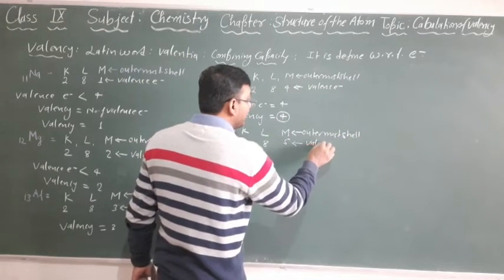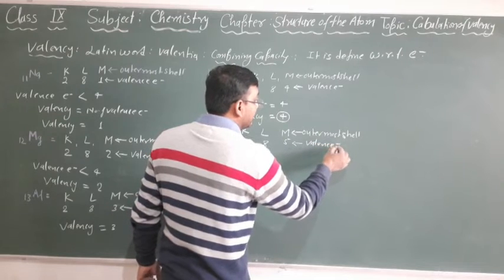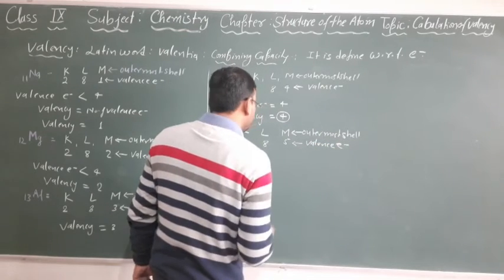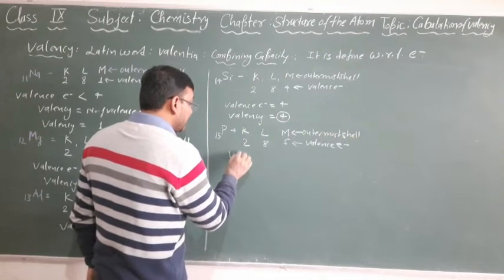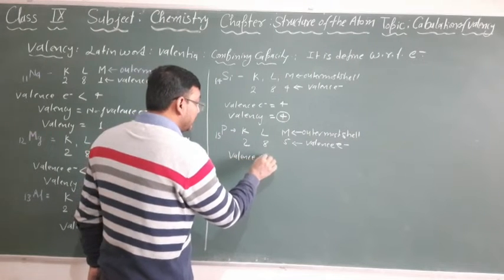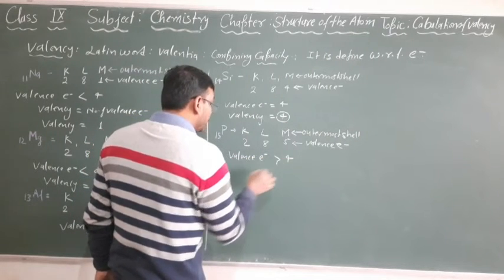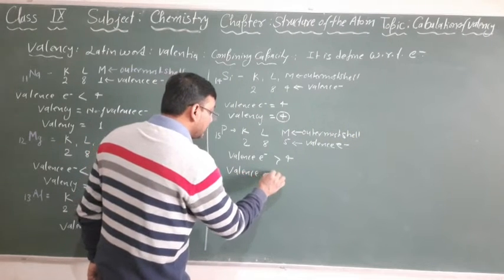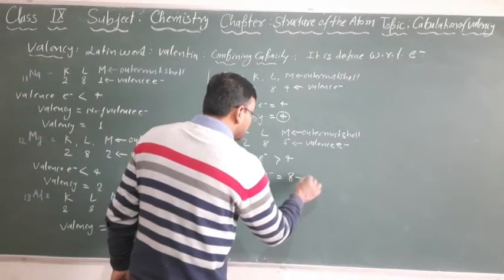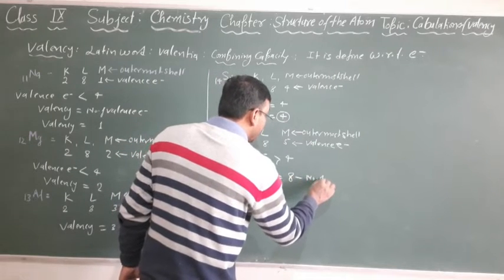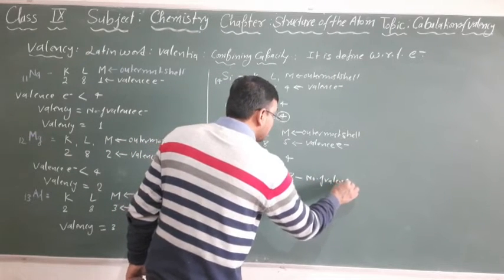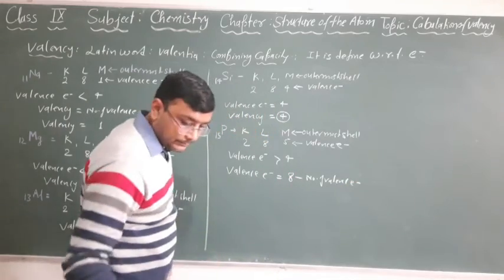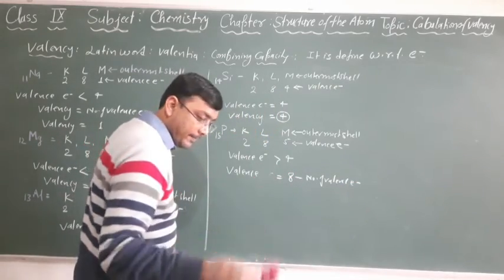The number of electrons present in the valence shell is known as valence electrons. Here the valence electron is greater than 4, so the formula will apply: valency is equal to 8 minus the number of valence electrons.